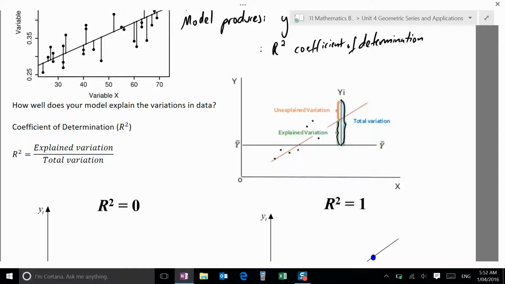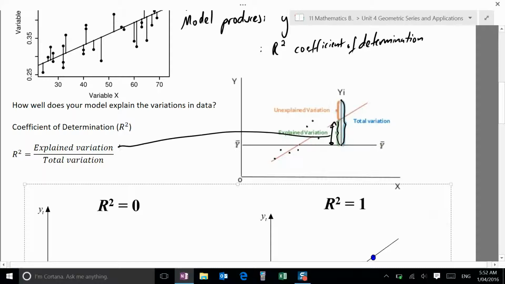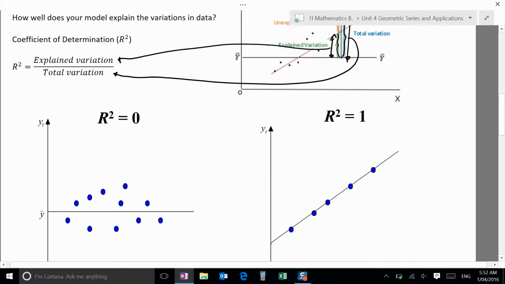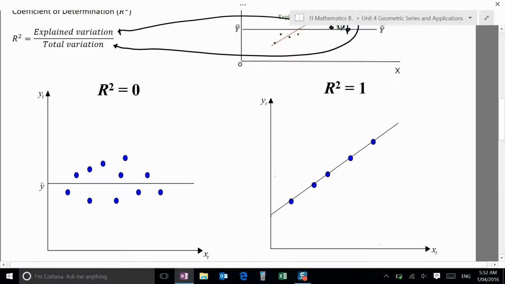So I'd find whatever this distance is, the explained variation, find the total variation, and divide the two, and express it as a decimal. You see in this example, from our useless model, we've got this variation, the total variation.